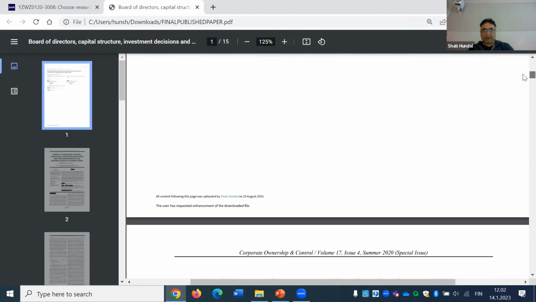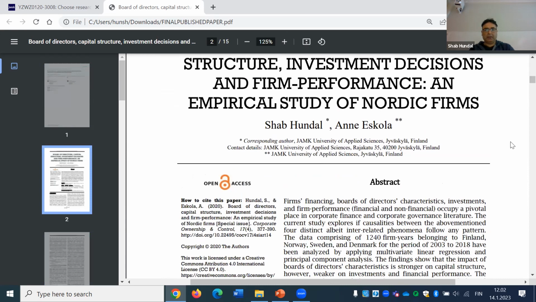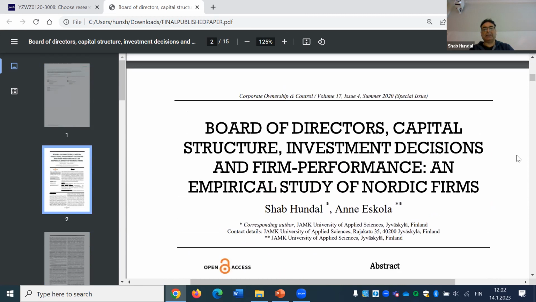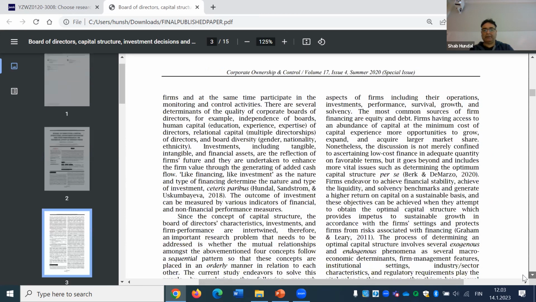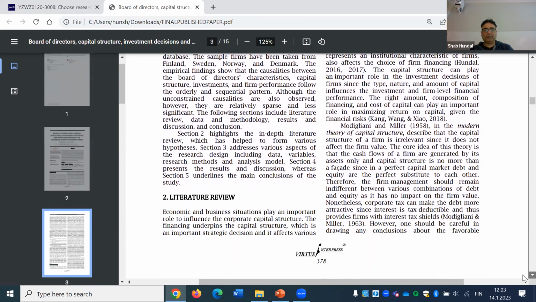This is the article which we published some years ago, two years ago, me and Anne. It's about the board of directors, the capital structure, investment decisions, and firm performance, an empirical study of Nordic firms. And here we do a lit review. I will not go into that. And then we have the hypothesis in the end.